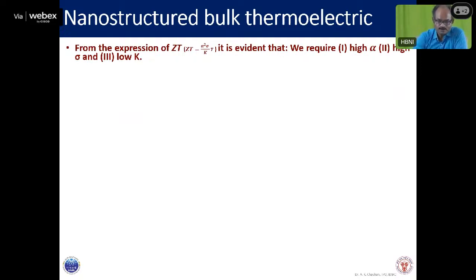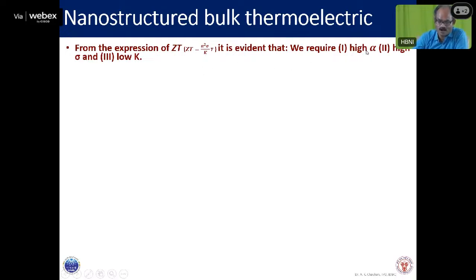Now as we can see, we require higher alpha and higher sigma. ZT involves alpha, which is the Seebeck coefficient, sigma, which is our electrical conductivity, and K is thermal conductivity. So we require the upper side to be more and the denominator side to be less.